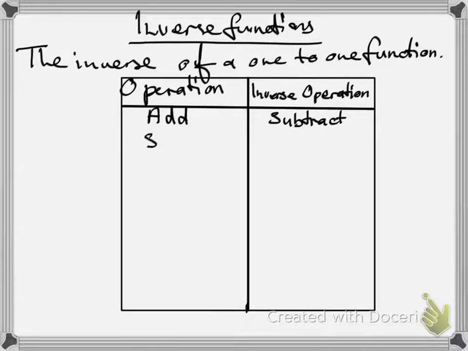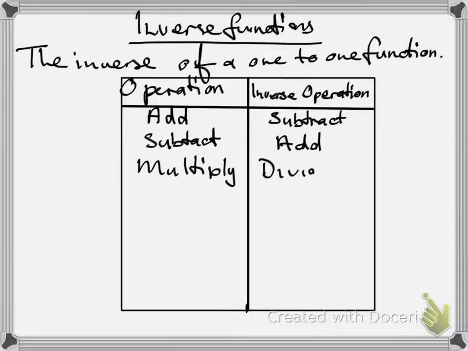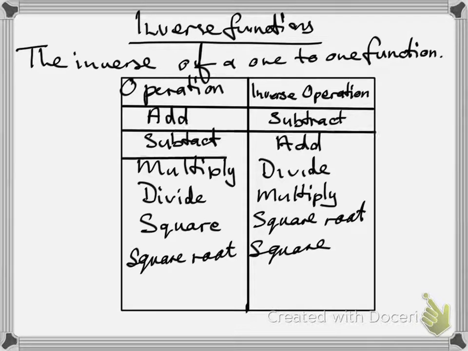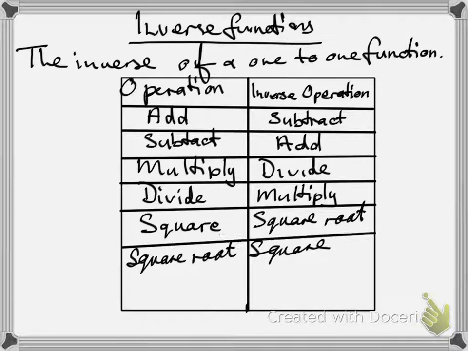The inverse of subtracting is addition. The inverse of multiplying is to divide. The inverse of dividing is to multiply. The inverse of a square is a square root. The inverse of a square root is a square. The inverse of a cube is a cube root. The inverse of a cube root is a cube, and so forth.